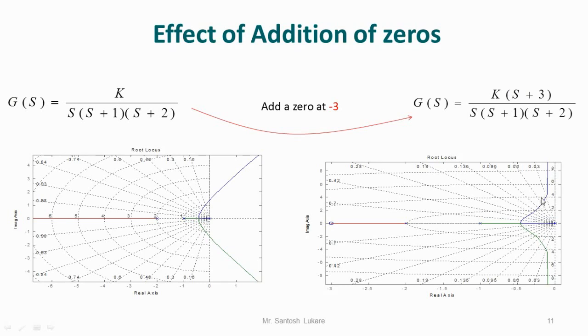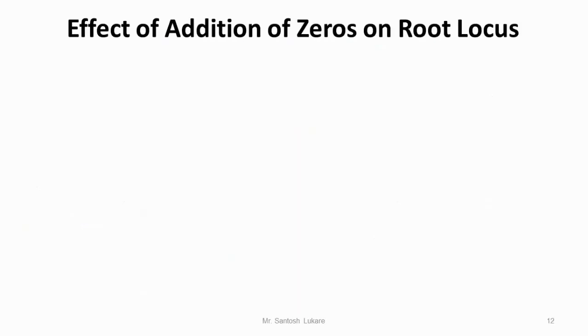So this is a highly stable system as compared to the root locus shown in the first figure. Here you can observe this simulation result in MATLAB, and you can try it out for the unit step response in closed loop.